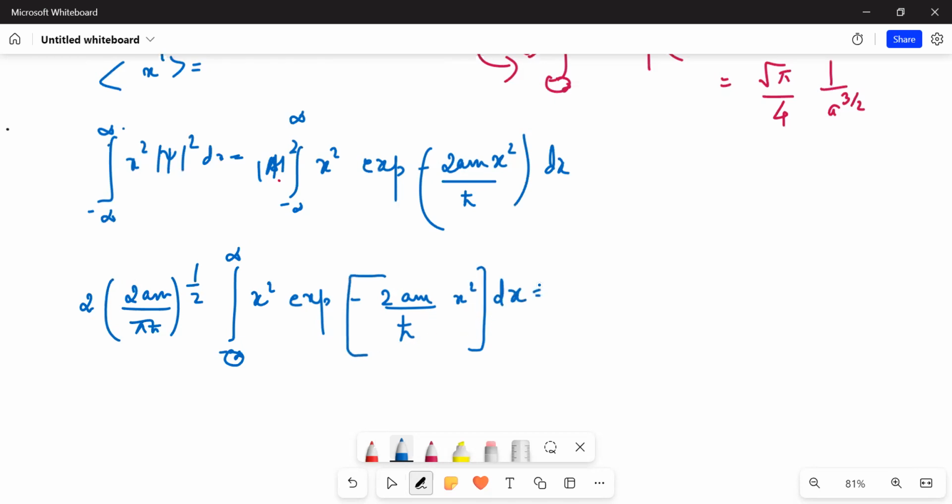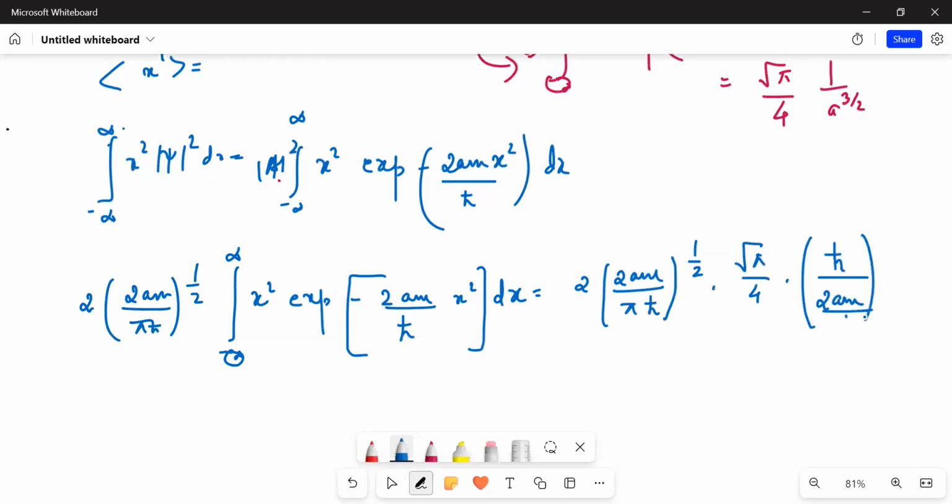What I'll get is simply (2 a m upon pi h cut) raised to power 1 upon 2, into, just use this particular formula, root pi upon 4, 1 upon a raised to power, so instead of a you have 2 a m upon h cut, raised to power 3 by 2.